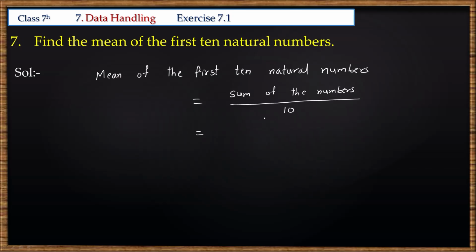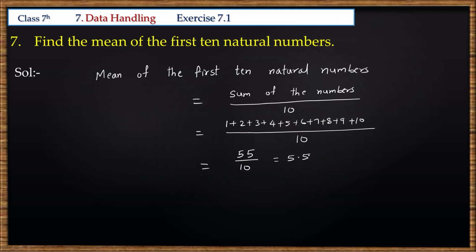So the sum of the first natural numbers is 1 plus 2 plus 3 plus 4 plus 5 plus 6 plus 7 plus 8 plus 9 plus 10, divided by 10. The sum will be equal to 55, divided by 10. This is equal to 5.5.